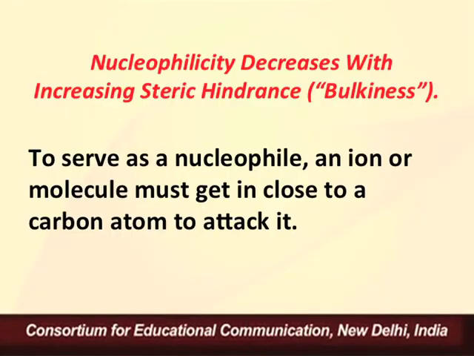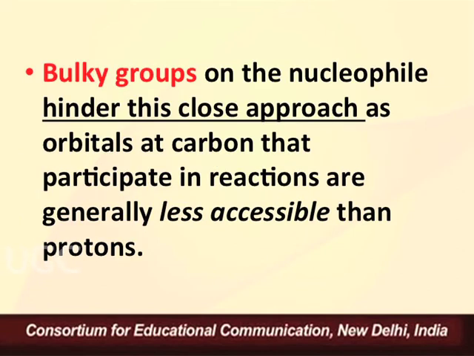As I've already said, to serve as a nucleophile, an ion or a molecule must get close to the carbon atom to attack it. Bulky groups of the nucleophile hinder this approach, as orbitals at carbon that participate in reactions are less accessible than protons, and the reaction rate is slow.